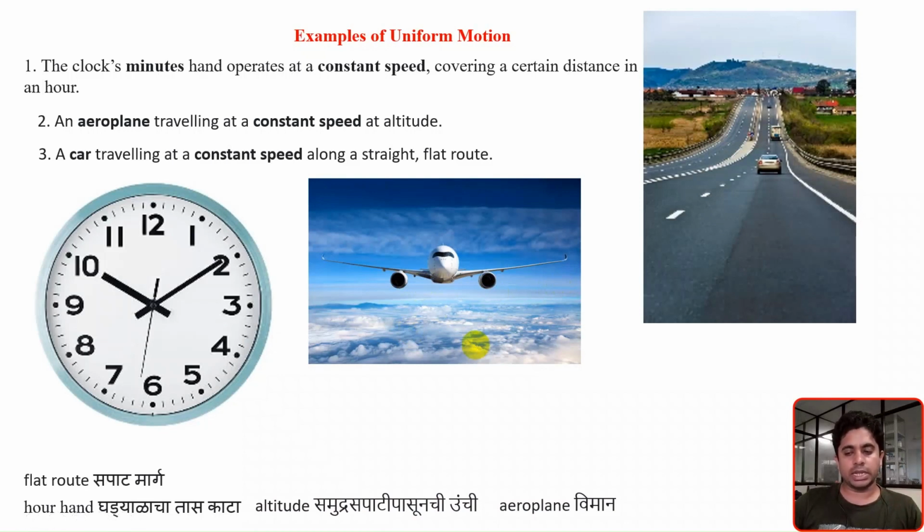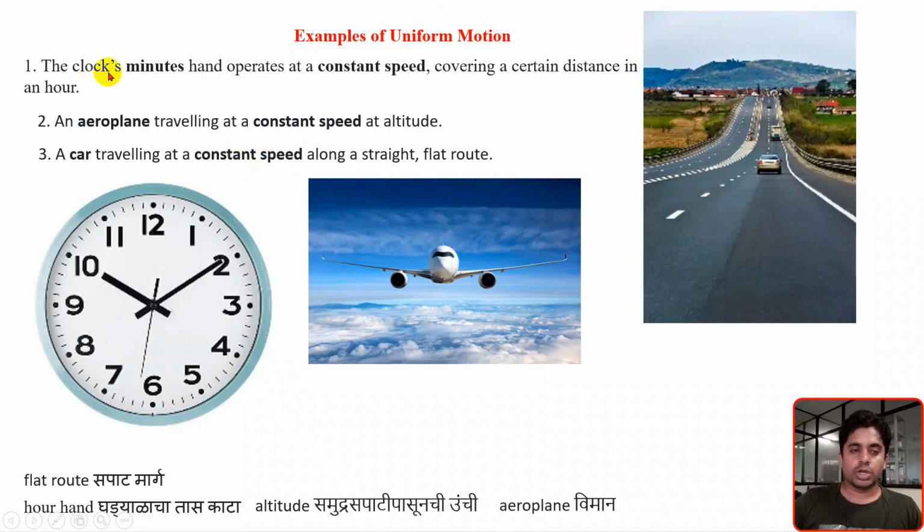Generally we decide that in 1 hour we have to travel 30 kilometers, or in 1 hour the car has to travel 40 kilometers. Keeping that in mind, we maintain the speed of the car. So we are keeping the speed of the car constant, and that particular motion of the car we will call uniform motion.